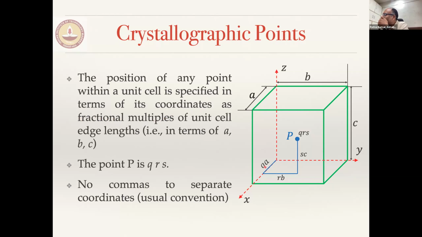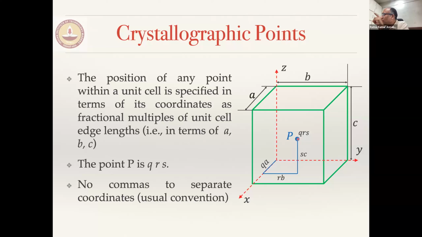What do I mean by that? Suppose I am talking about this point P. It is identified by Q times A along the x direction, R times B along the y direction, and S times C along the z direction. That is how you will reach point P.